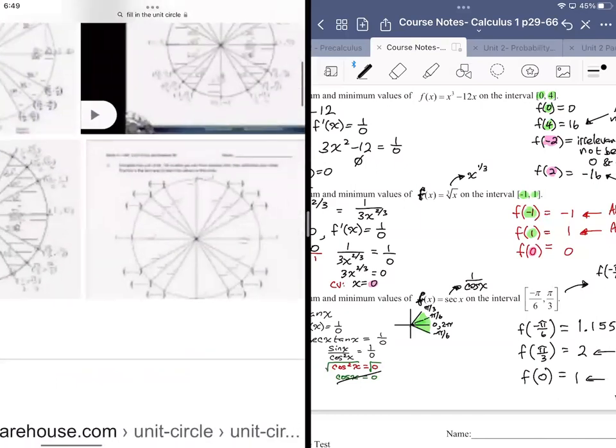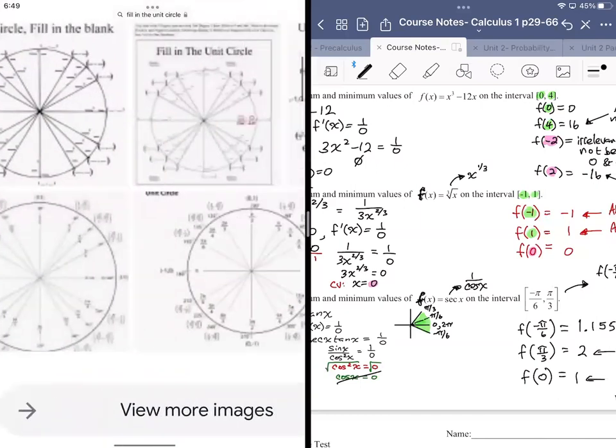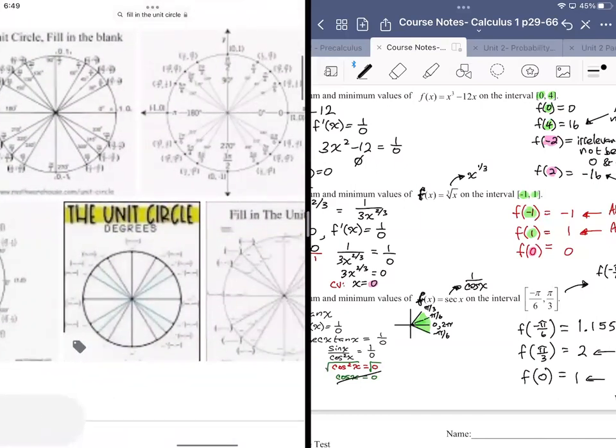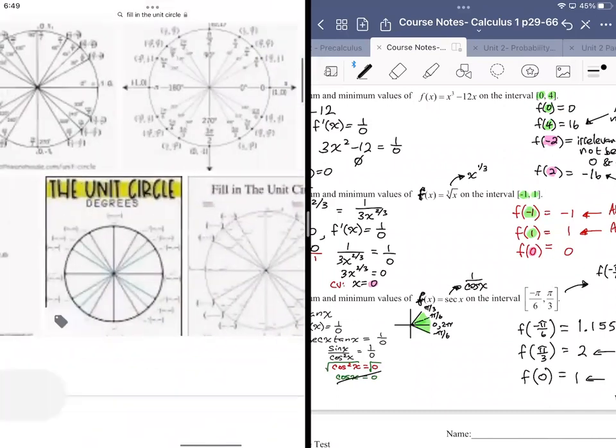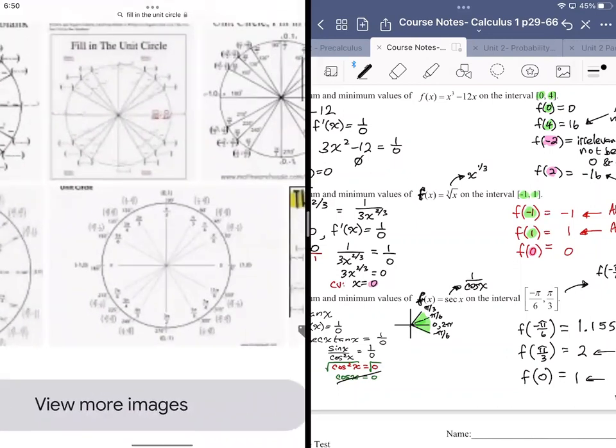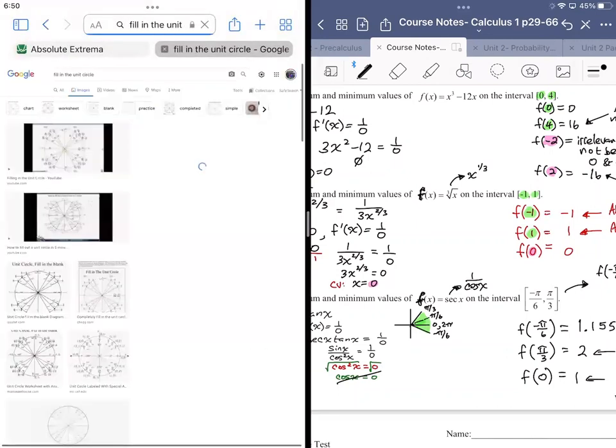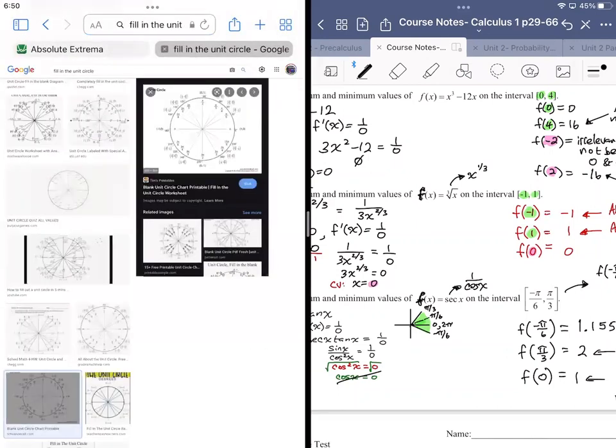Let's see here. Get a nice one. There was one I just found that looked pretty good. Yeah. It's got straight up handwriting on it, but whatever.